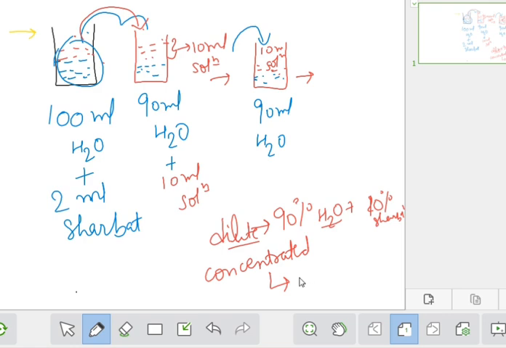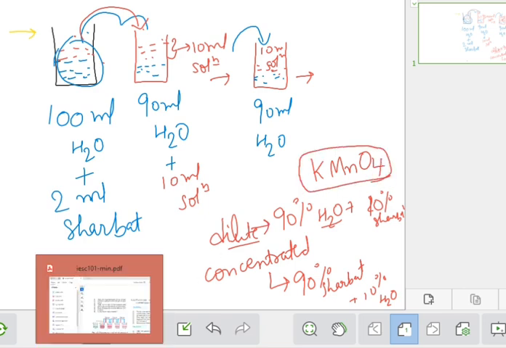If we talk about concentrated, suppose there is 90% sharbat, very sweet, and only 10% water, it will be very dark, very thick, and dilute means it is very light. So you can remember by this trick. Here we take potassium permanganate, which is KMnO4. Remember this also.